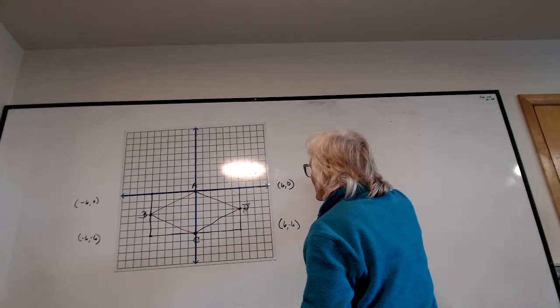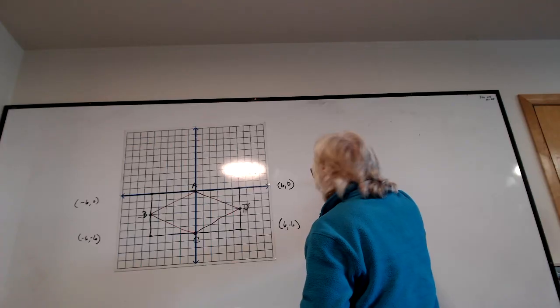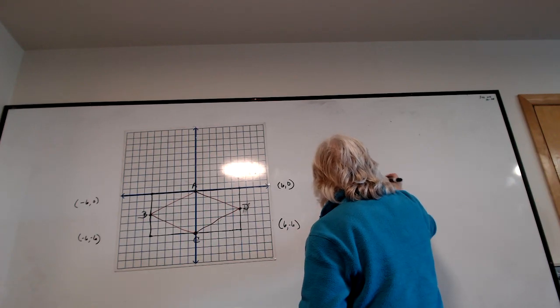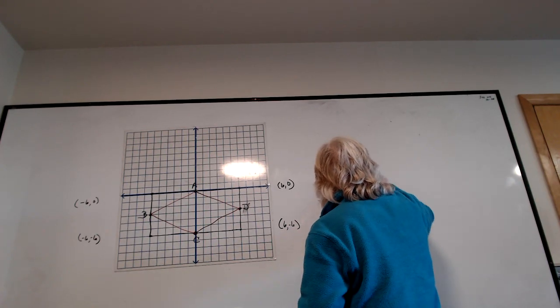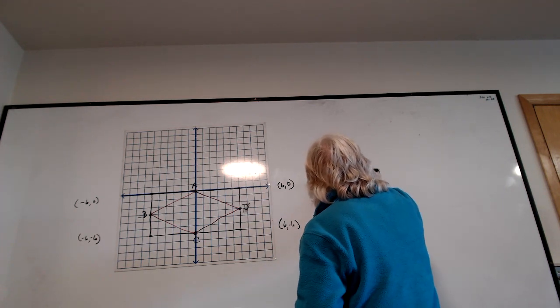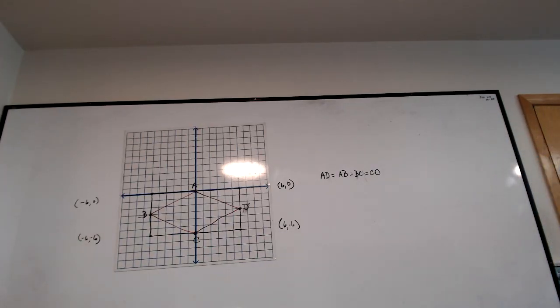We want to prove that they're all equal. Now we have it on a coordinate graph, so we don't have to do anything with triangles.